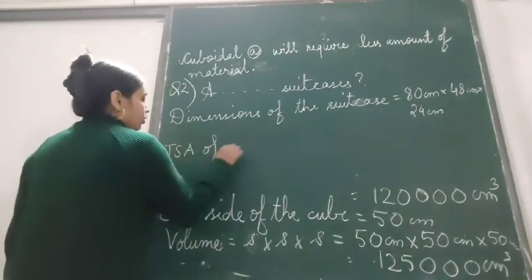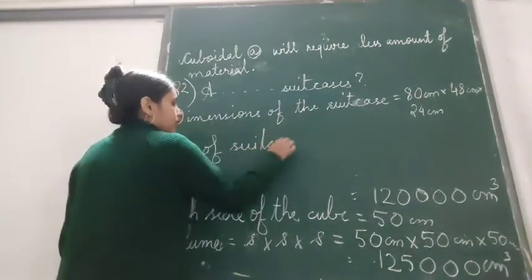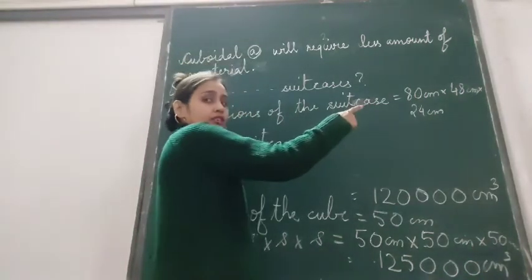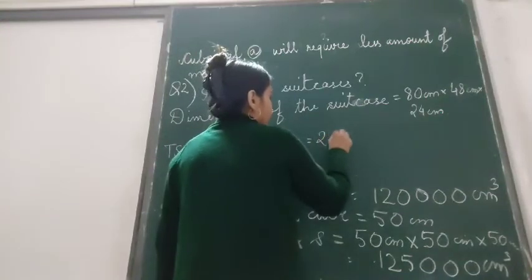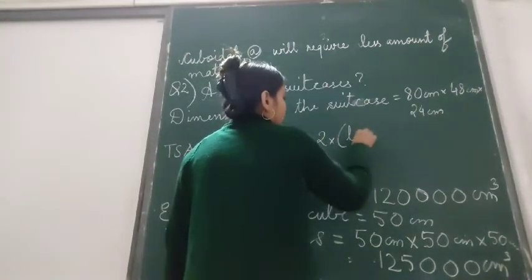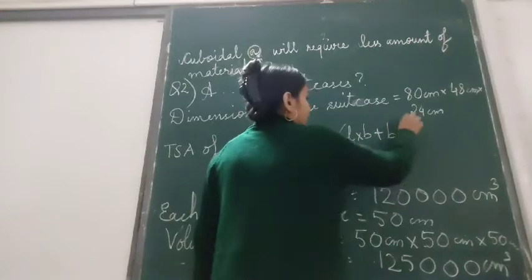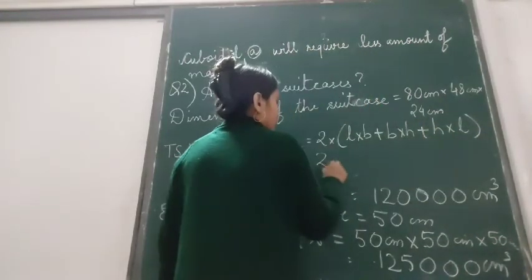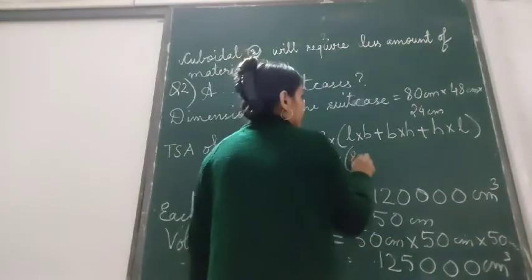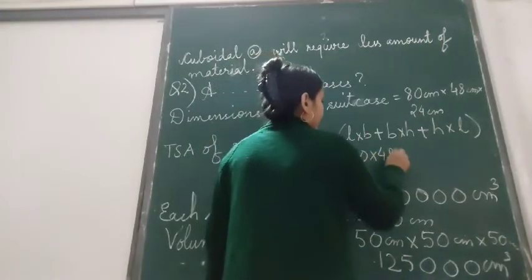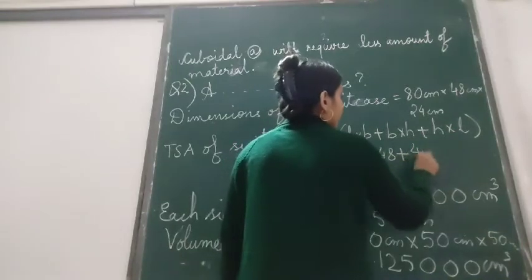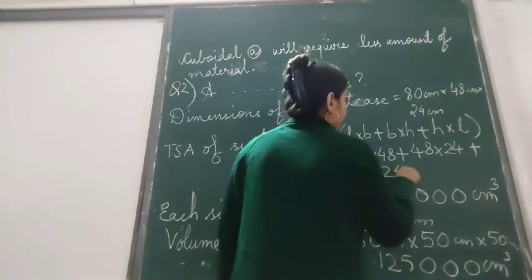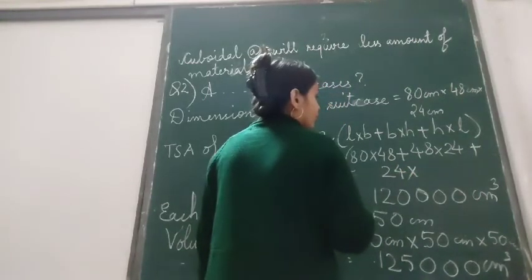Total surface area of the suitcase is equal to, it is in the form of a cuboid, 2 into length into breadth plus breadth into height plus height into length. 2 into 80 into 48 plus 48 into 24 plus 24 into 80.